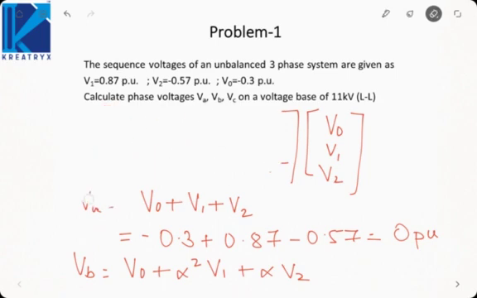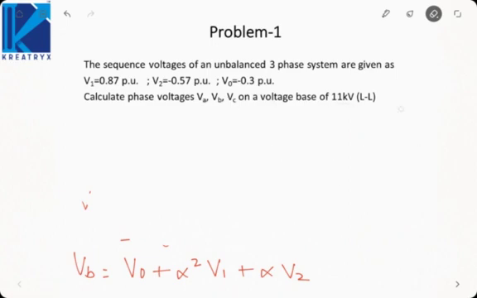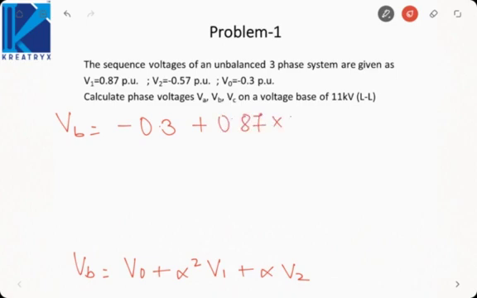Now this can be written as VB is equal to V0 is minus 0.3, V1 is 0.87, alpha square is 1 angle 240 plus V2 is 1 angle 120 into minus 0.57.